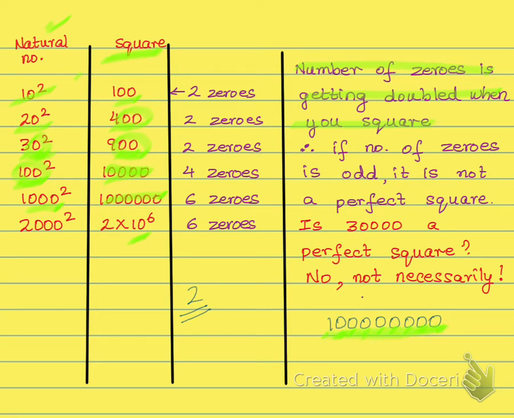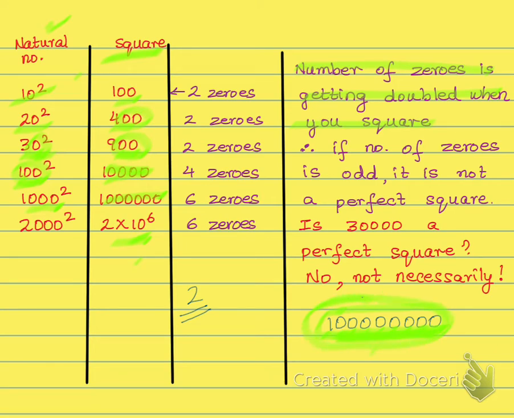So is it a perfect square? Now remember that just having 8 zeros is no criteria for it being a perfect square. Yes, the number of zeros in a perfect square would be doubled, but if the number of zeros is an even number, it does not necessarily mean it will be a perfect square. Although this number would be a perfect square.